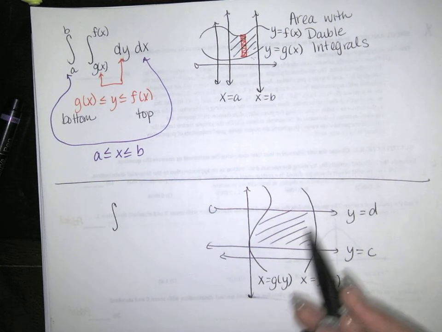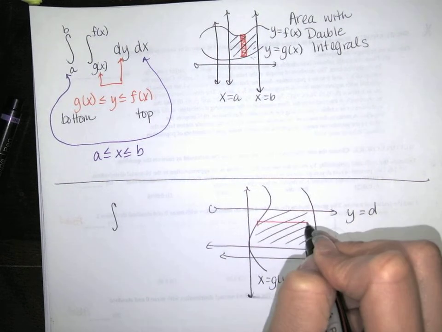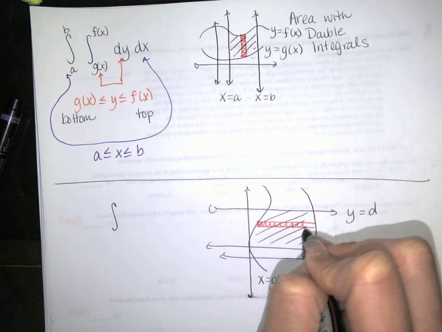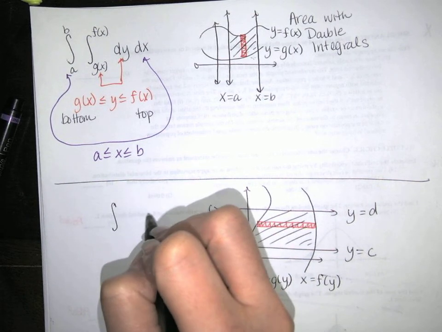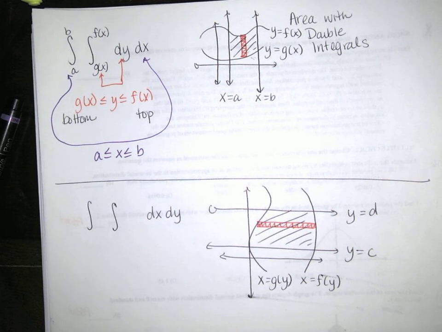So we've got x on the left, x on the right. This time, since x is going from a function to a function, I'm going to draw my rectangles horizontally rather than vertically. And I integrate with respect to x first and then y.